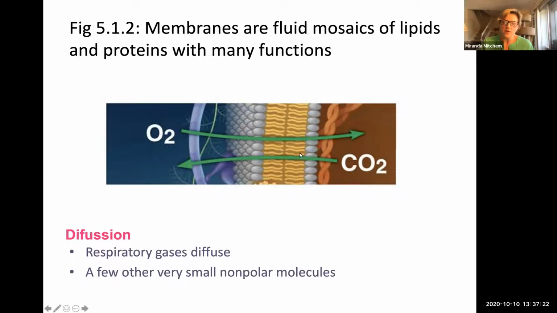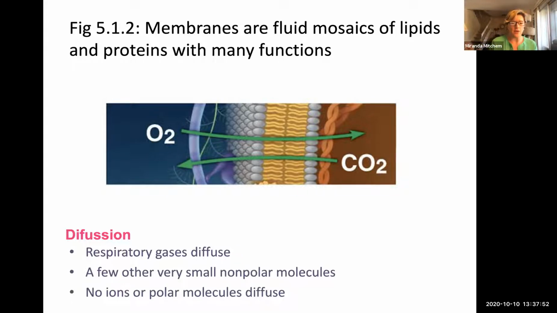So this function is tied directly to the structure here, where we have the watery parts on either side of the membrane, where the watery parts of our body are, and then nestled in between, really protected, are the fatty acid tails. So the respiratory gases and a few other small nonpolar molecules are able to move through by diffusion, just squeezing directly through, following a gradient.